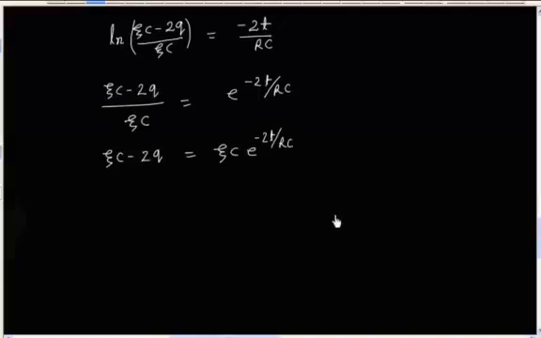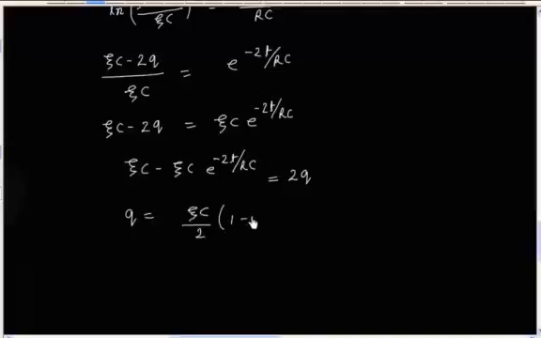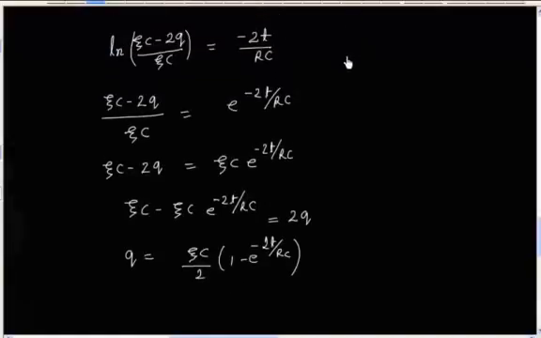So from here we can find Q. So Q equals xi C by 2 times 1 minus e to the power minus 2t by RC. So this is the charge on the capacitor at any time t.